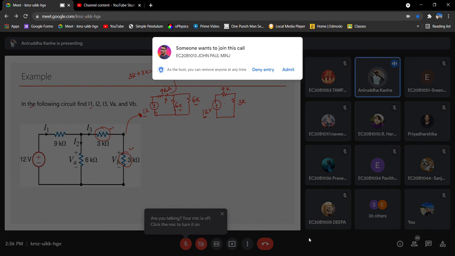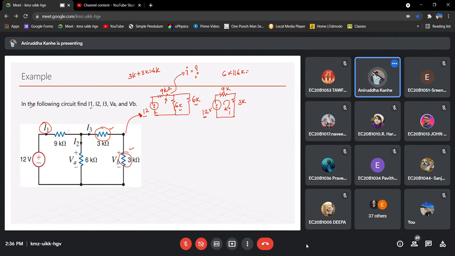Now it's very simple. You can easily find the current flowing in this loop, which is the total current here, I1. So I1 can be written as 12 divided by 9K plus 3K, that is 12 by 12K.